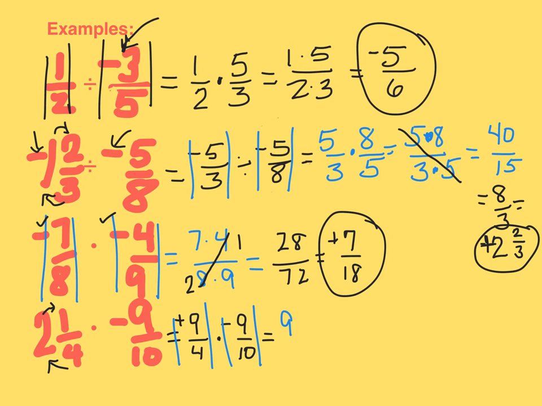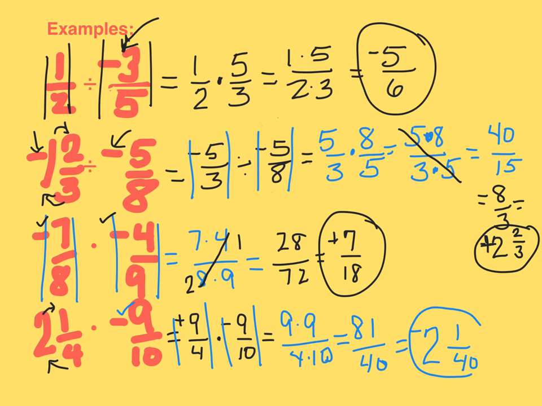So I've got 9 times 9 over, with the bottom, 4 times 10. And I look here and there really is no reducing that can happen, so I just go with it. 9 times 9 is 81. 4 times 10 is 40. That 40 is much too small to be carrying that big giant 81 around. 40 goes into 81 2 times with 1 left over. I count my number of negative signs. There's only one. That's an odd number, so therefore my final answer is -2 and 1/40.